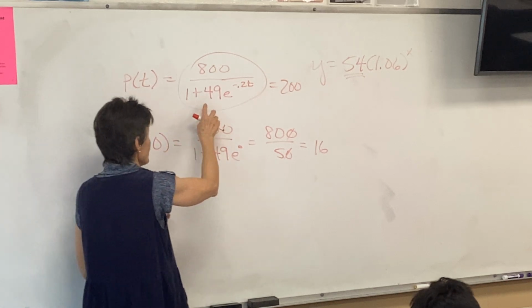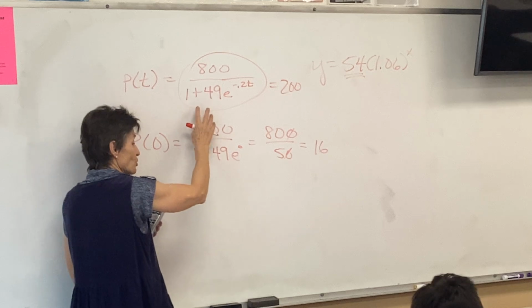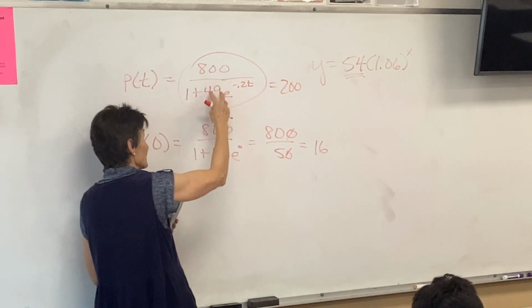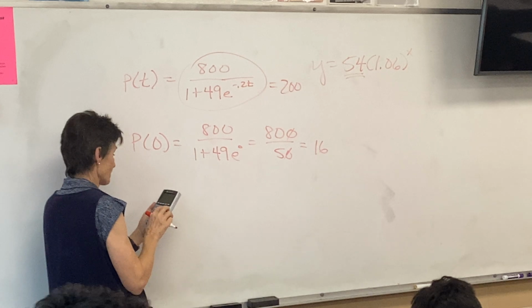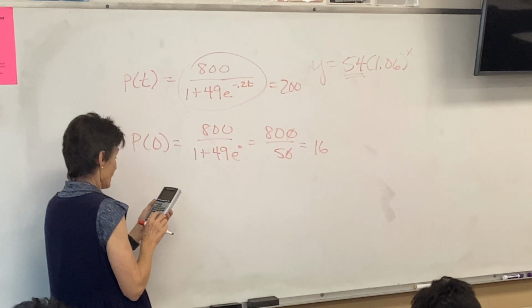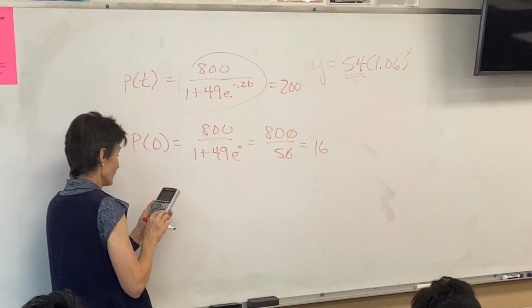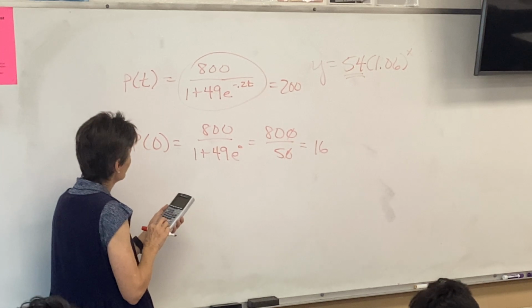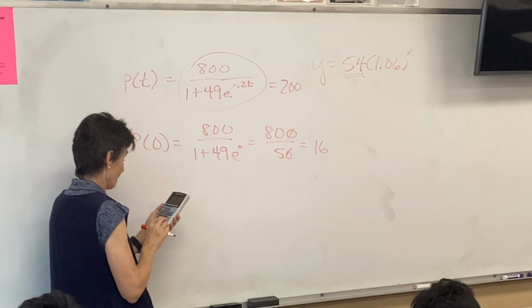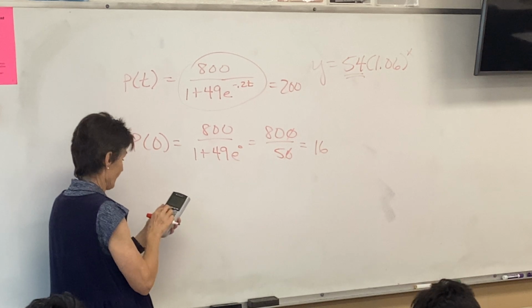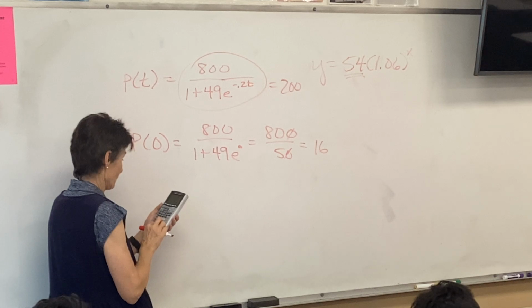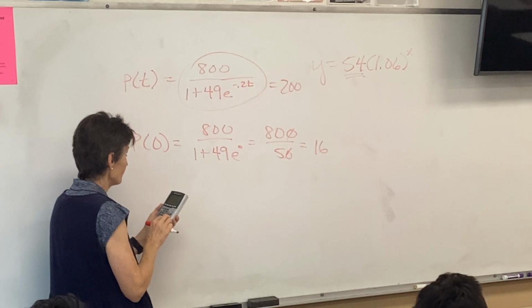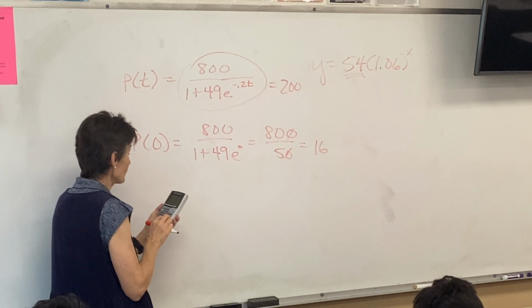Now, when you type that in, just make sure whatever you type in is exactly what you meant to type in. So y equals 800... What window should we use? Well, we'll talk about that in a minute.